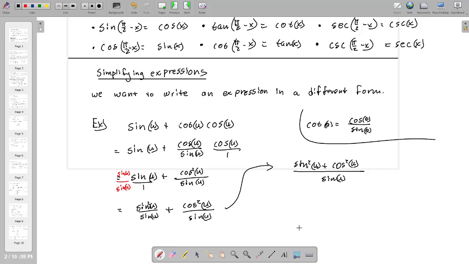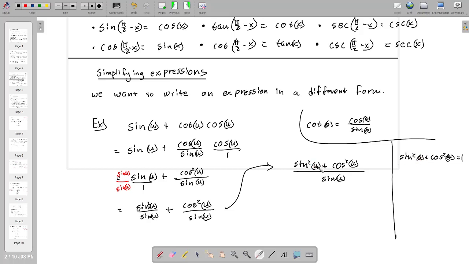Now, again, this doesn't look much simpler than what we had before, except now you might recognize sine squared u plus cosine squared u is an identity that we know. Specifically, sine squared theta plus cosine squared theta is equal to 1. This is true for any value theta.